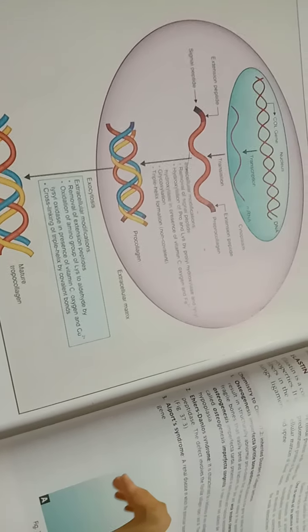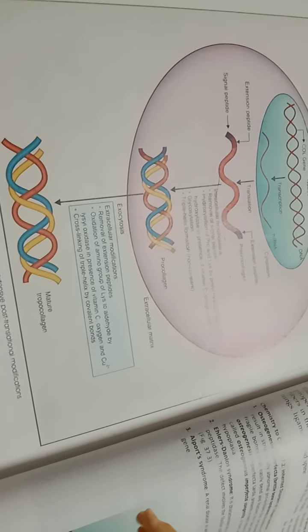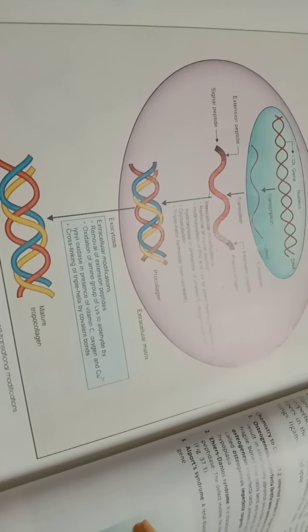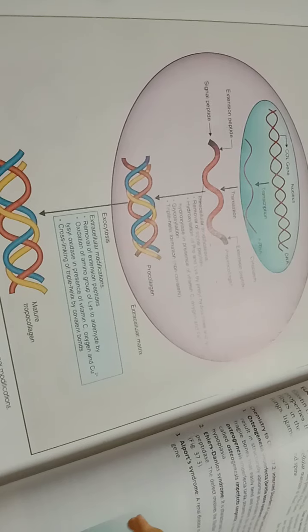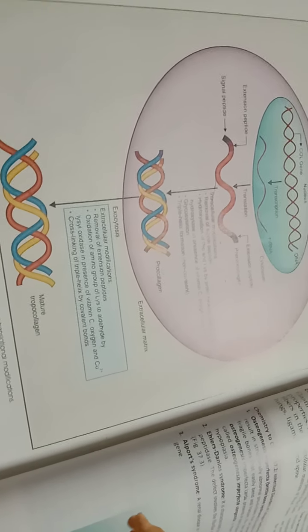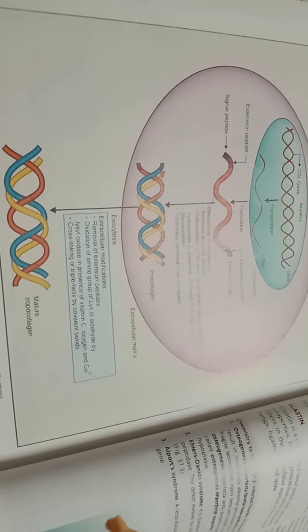Then come the extracellular modifications. One was the post-translational modification, another was exocytosis. Who came out of the cell? Procollagen. Now, extracellular modification will lead to the mature tropocollagen.